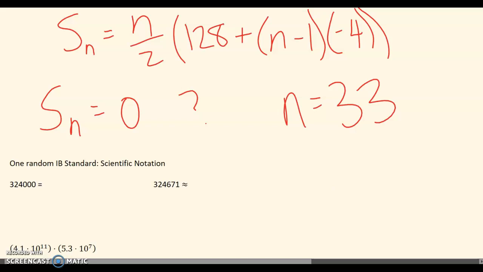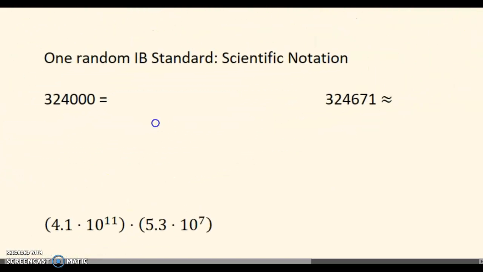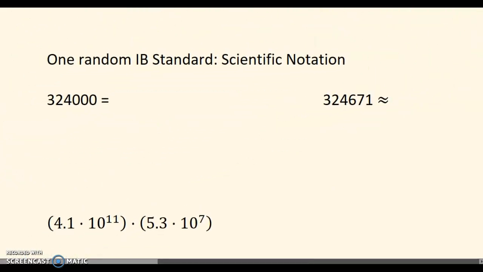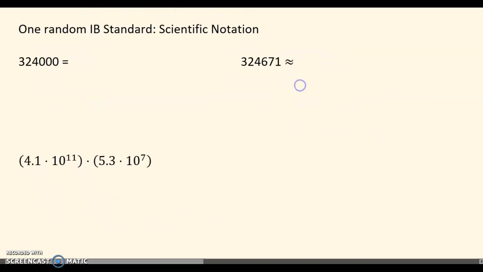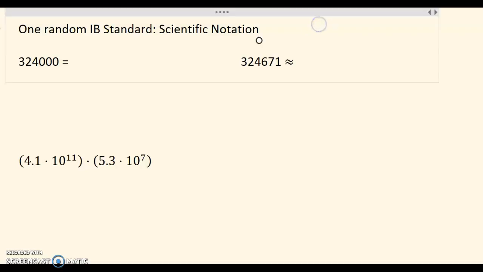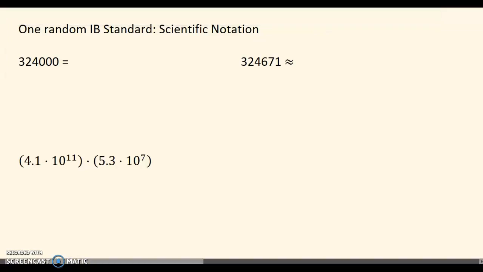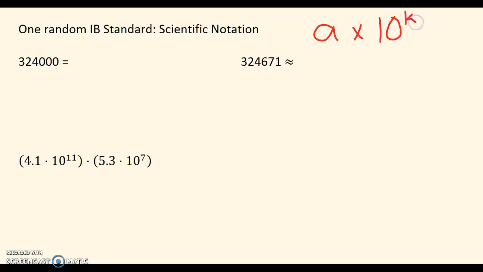Let's talk about scientific notation really fast. It's just something that got added. It used to be in the studies standards, but it got added to the SL and HL standards. So if you want to take an expression and put it into scientific notation, so scientific notation is the form a times 10 to some integer power.